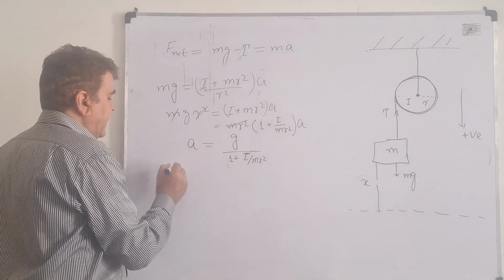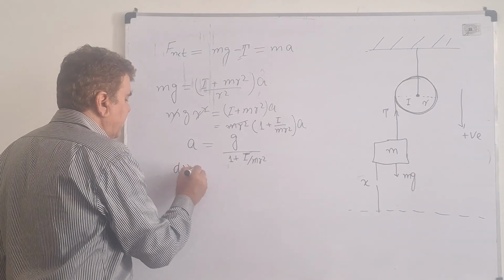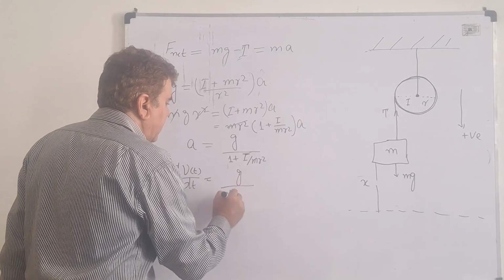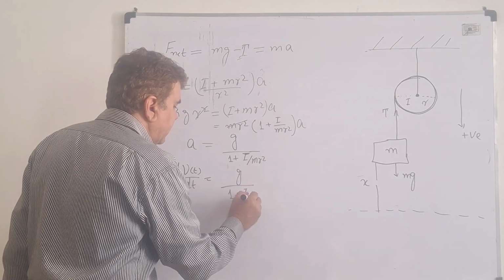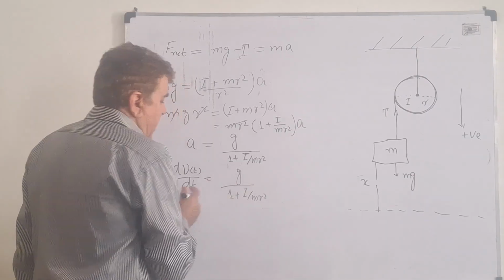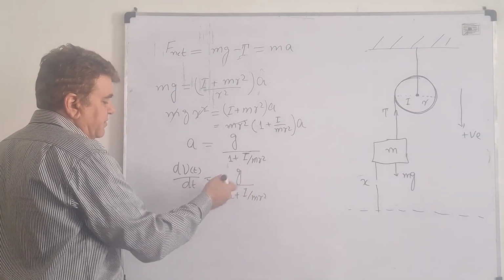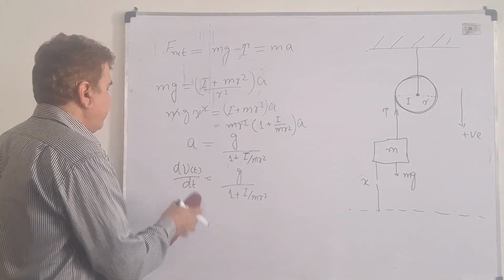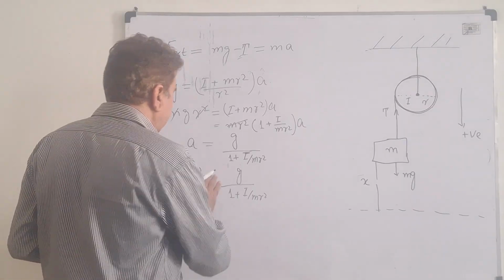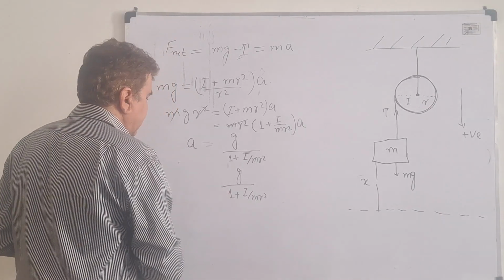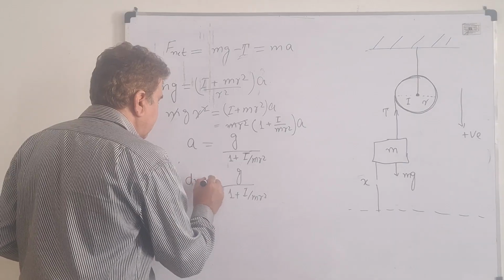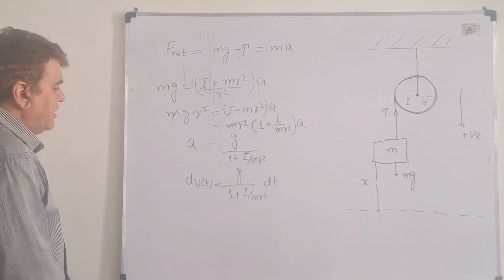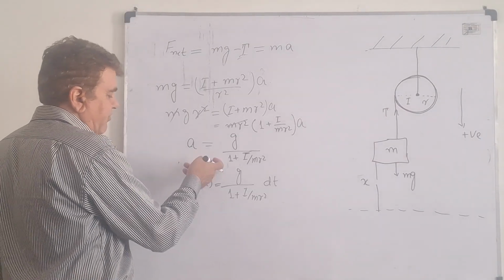Now we can solve this equation further to find the velocity of the mass, and that I can do by writing a in the form of dv of t over dt equals g divided by 1 plus I divided by mr squared, and taking dt to this side, separating the variables, I can write this equation in the form dv of t equals g divided by (1 plus I divided by mr squared) multiplied with dt, and I can integrate this equation between an initial velocity and final velocity.